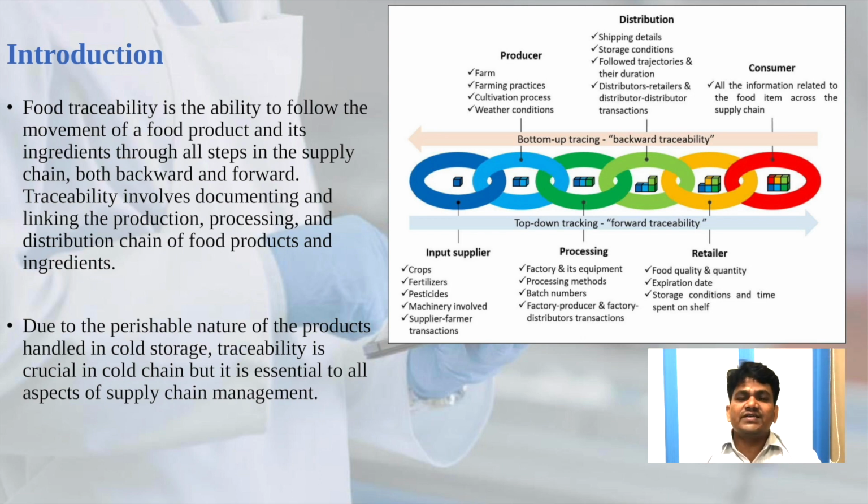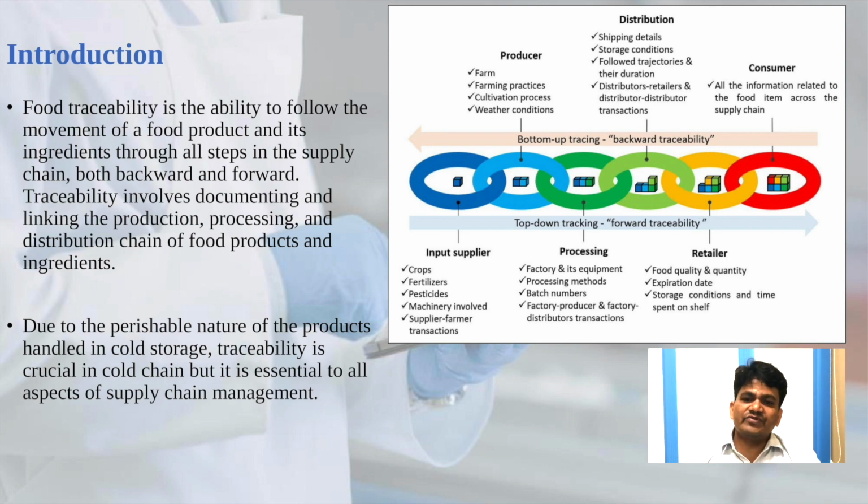At the processing industry level, we can have information like what kind of factory it is, what equipment is there, processing methods, batch numbers, and factory-producer and factory-distribution transactions as well. At processing, many more products become available after this process, and how they are going to be distributed.